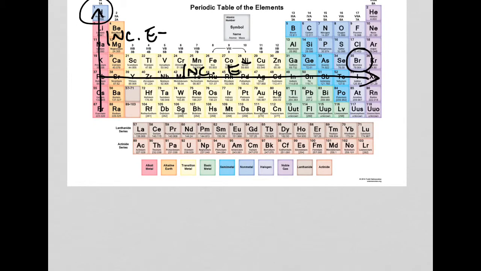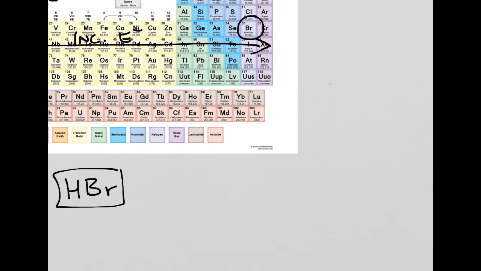If something has a high electronegativity, that means it attracts a lot of the electrons when it's chemically bonded with another atom. So if I were to draw HBr, which is an acid actually, and draw it as a molecular model, this is the H, and this would be bonded to the Br.